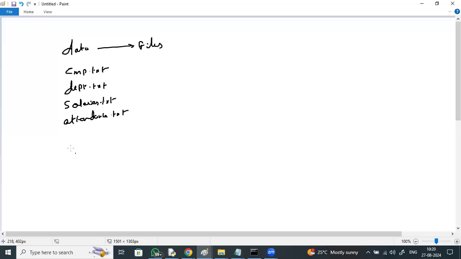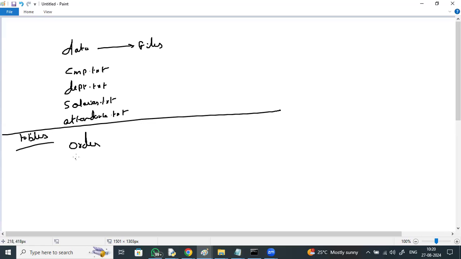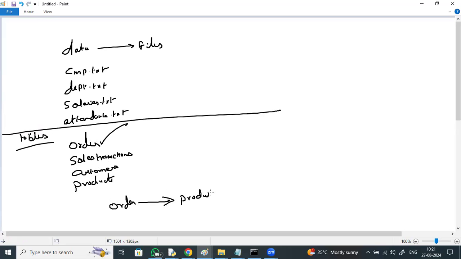If you have tables like an order table, sales transactions, customers, and products, what is the relationship here? Order of what?